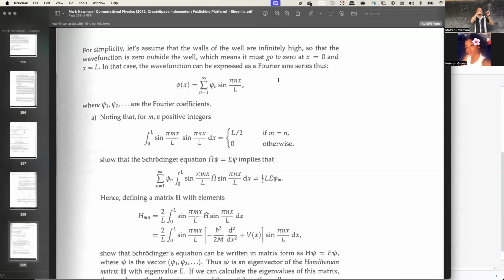So by changing all of the different modes in here and changing the amplitude of each mode, I can make any shape that I want inside of something that goes from 0 to 0. This is the benefit of a Fourier sine series. You can also do it with cosine, but then it has to start at 1. That's not what we want. Okay? All right. And these are the coefficients.